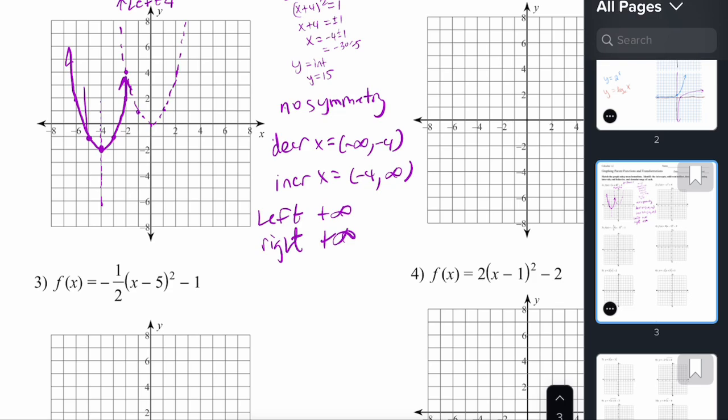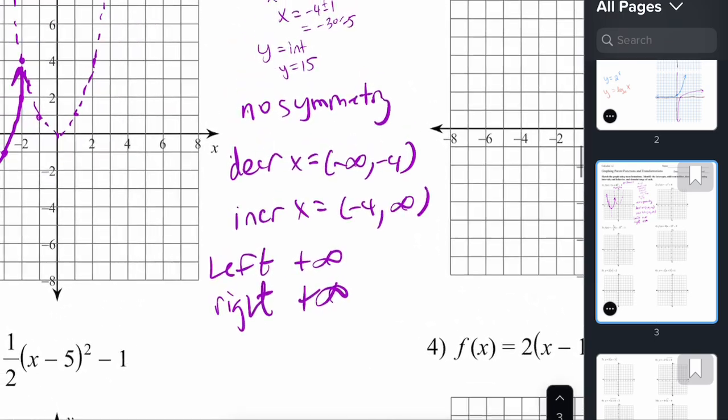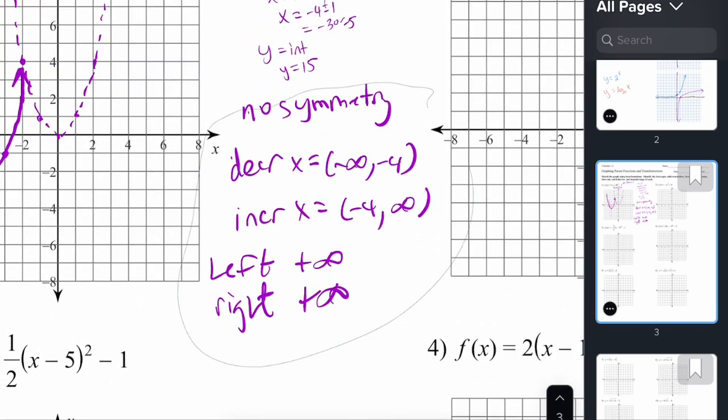Right now, it's not that necessary, okay? Last thing you got to tell me. Yes, there's a lot for each problem. That's why these aren't due until Friday, I think.